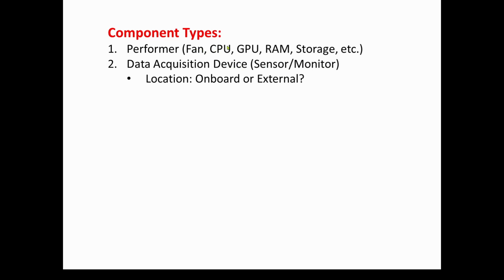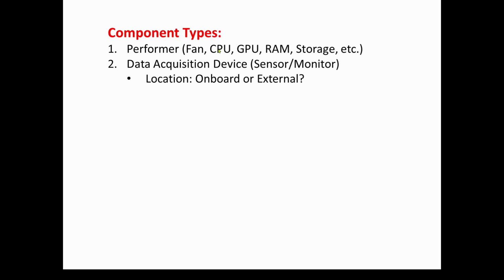So for each of these components, if it has performance data, it has to have a data acquisition device associated with it. So for example, there's a fan. Some device is going to have to figure out what the fan speed is and make it available to you. Same thing with the CPU load and temperature, and same with the GPU and the RAM. So somewhere there's a data acquisition device for each of these, or maybe more than one.